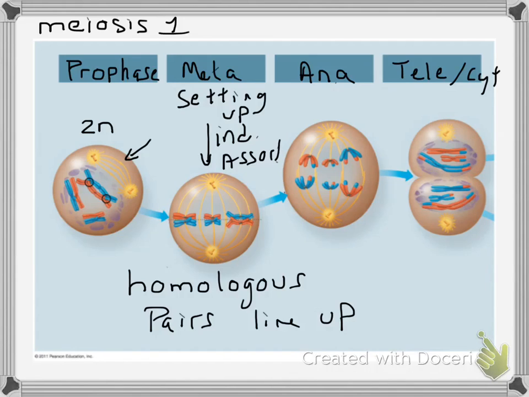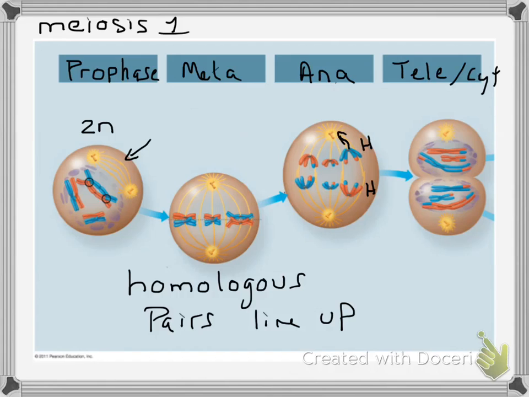Let's get rid of some of that junk. Now, anaphase is where we're going to pull the homologous pair of chromosomes apart. So here's a homolog and here's a homolog. This one is heading towards this pole and this one is heading towards this pole, and we have separated them.